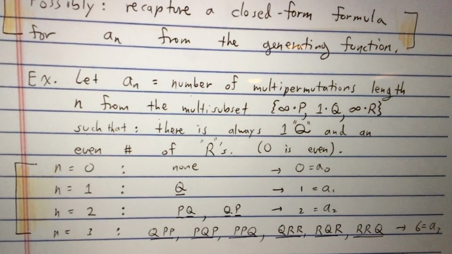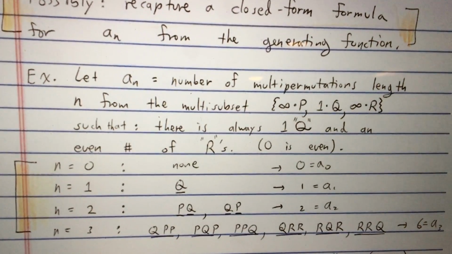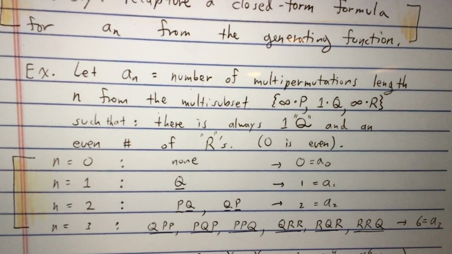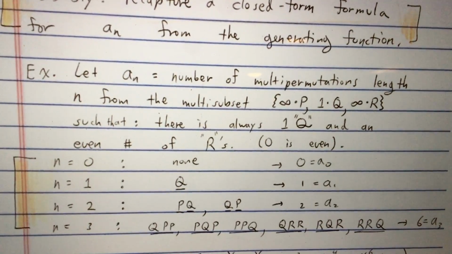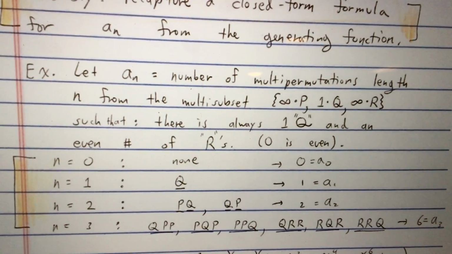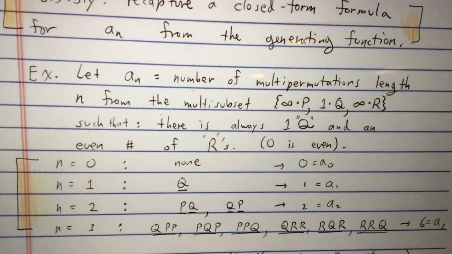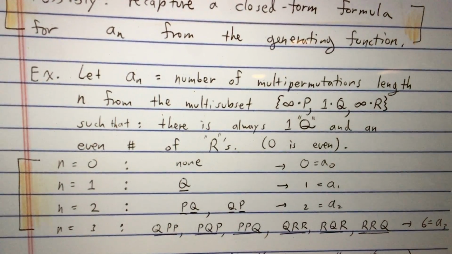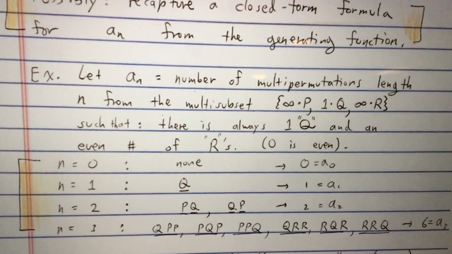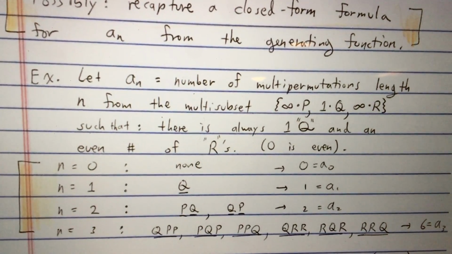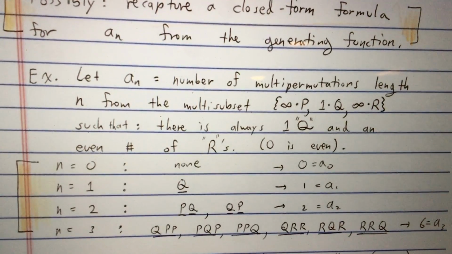For n is equal to 3, now we've got some options. So you have to have a q, and then you could fill in the rest of it with p's: qpp, pqp, ppq, because that would be 0 r's, which is an even number of r's, so they're okay. The other possibility is 2 r's, because there's no room for 4 r's, and you can't have just one r.